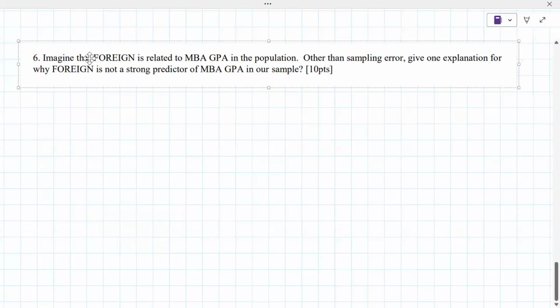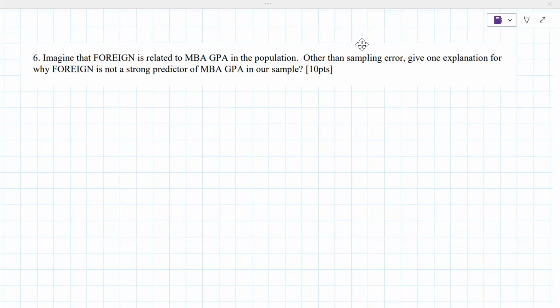Foreign probably means a categorical variable, like yes, they are from a foreign country, or no, they're not. It would be nice to know what this variable actually is, if it's a category or something else.